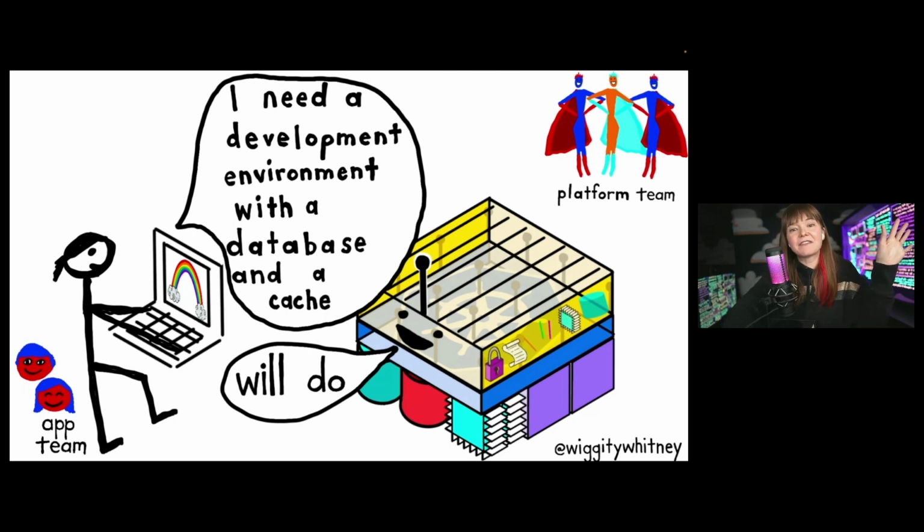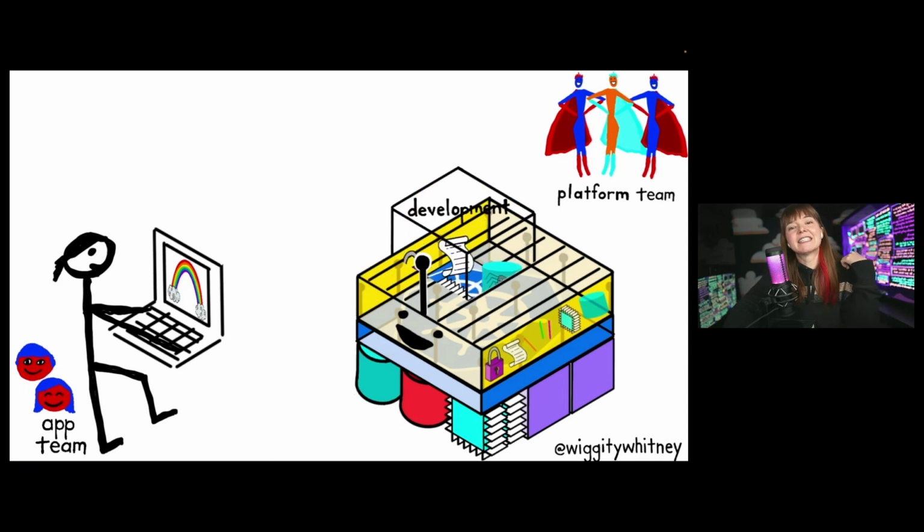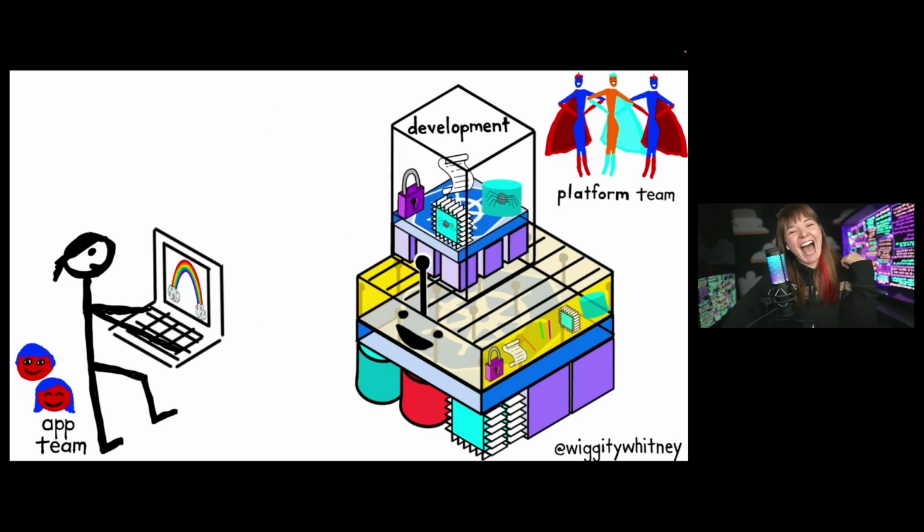In this case, here we have the developer asking for a new development environment, and they're saying for their use case, they want a Spiders database and a speedy Spider cache. And lo and behold, without any human intervention, the platform delivers the developer's request.